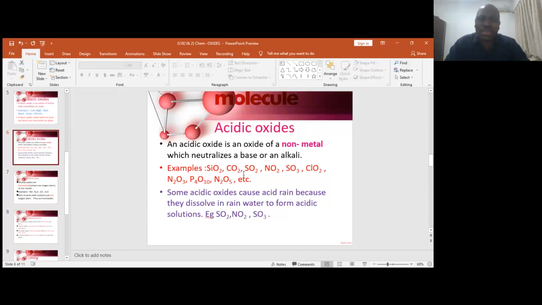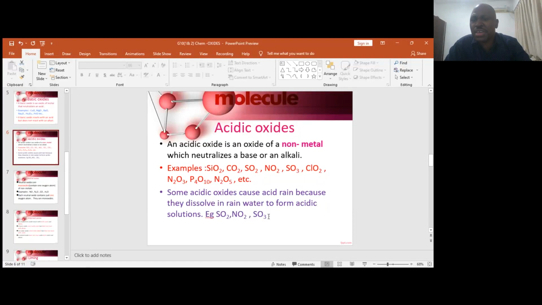And the acidic oxides are not quite nice because some of them cause acid rain like SO2, NO2, SO3. These acidic oxides dissolve in rainwater in the atmosphere to form acid rain if they are present in a very large concentration.